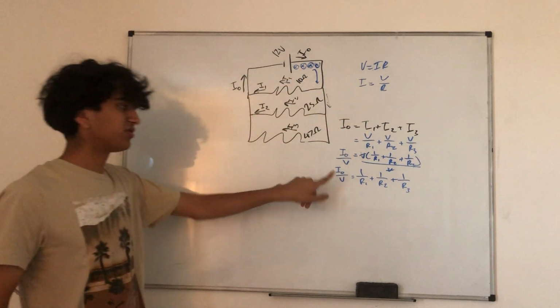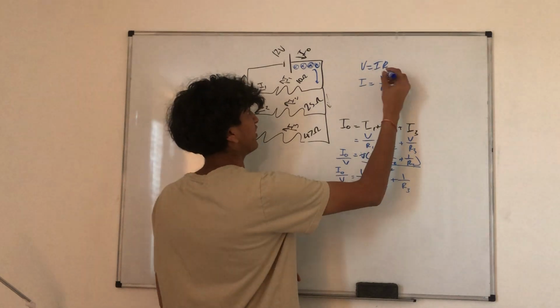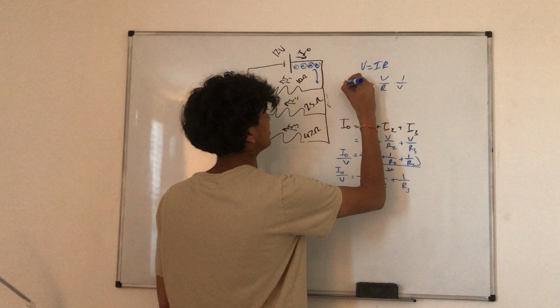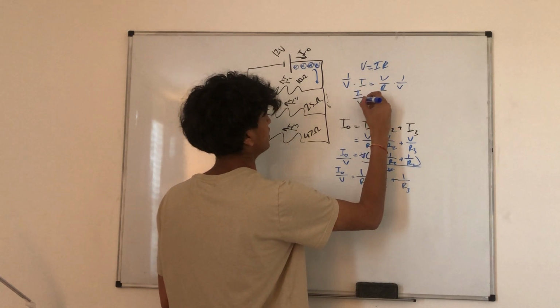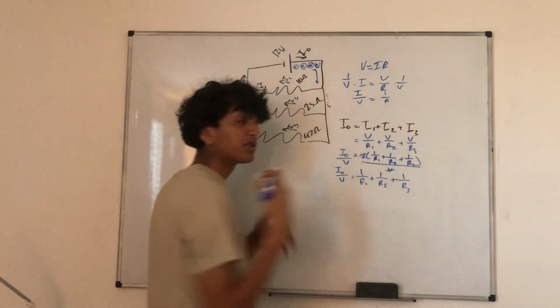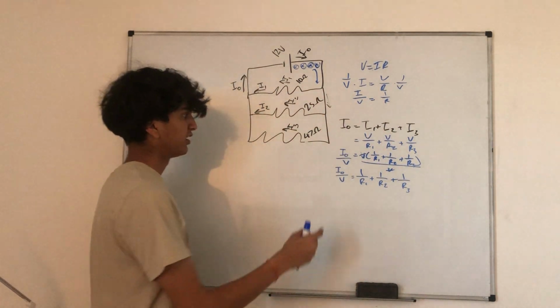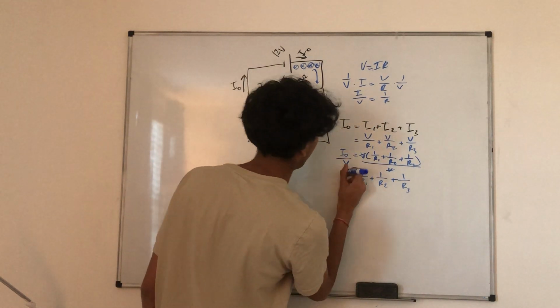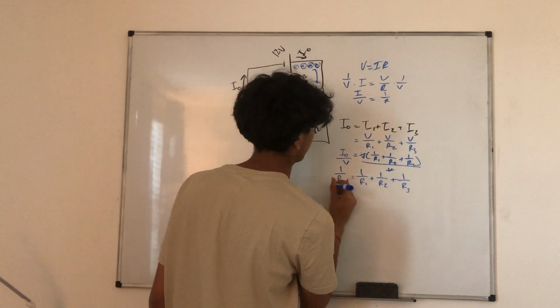Well, what's I initial over V? If you think about Ohm's law, if I divide both sides by V, I get I over V is equal to 1 over R. If you think about the slope of current versus voltage, it's 1 over R. So this is 1 over R total. This is the parallel equivalent, total resistance equation.